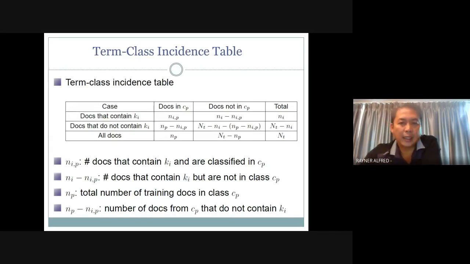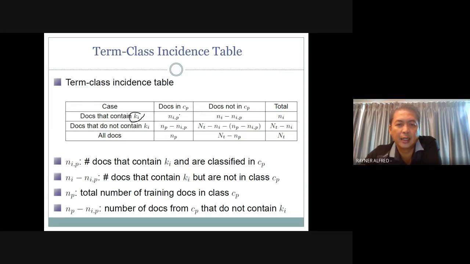And when we look at the TF-IDF that we have, we could also look at the term class incident table. In the term class incident table, we are looking at the keyword. So we are looking at documents that contain that keyword, documents that do not contain that keyword, and then this is all the documents that we have. This is the symbol that we have.